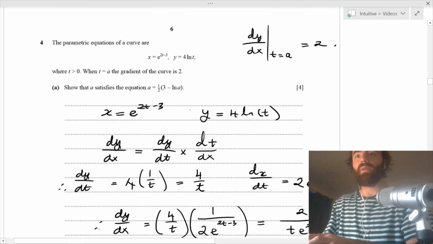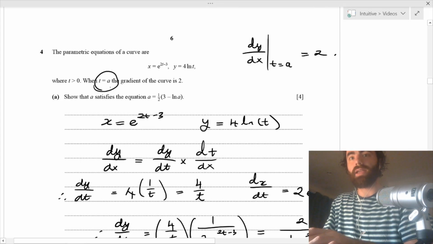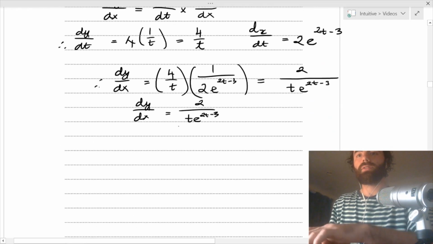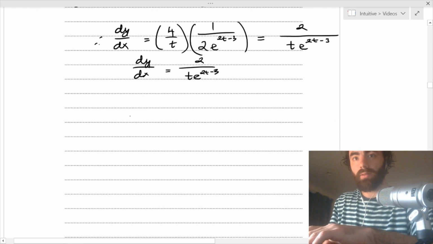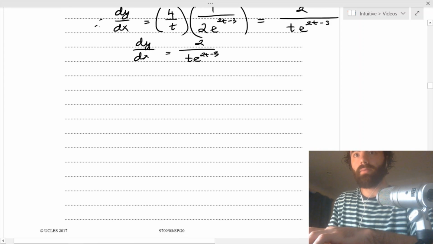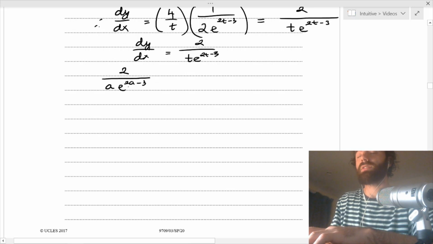Now it says that when t is equal to a, the gradient of the curve is 2. So therefore we can say when t is equal to a, this thing equals 2. So we can say that 2 over a e to the 2a minus 3, I've just subbed in a equal to t, equals 2.